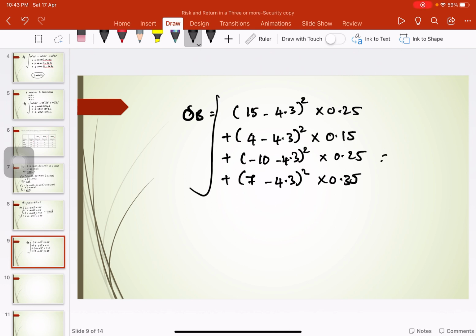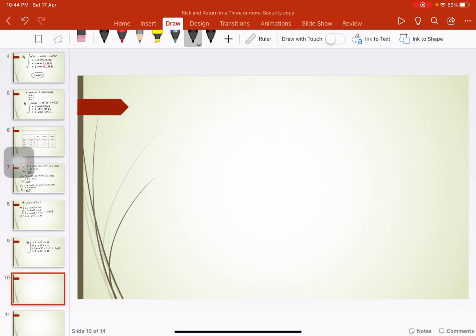Then square root. This one you will get standard deviation equal to 9.07%.